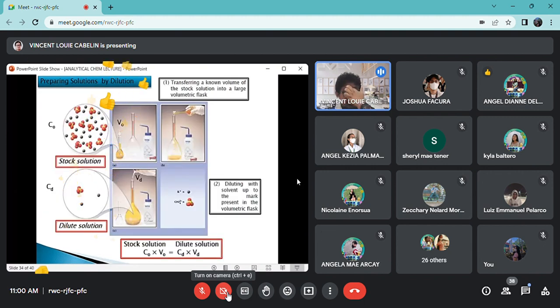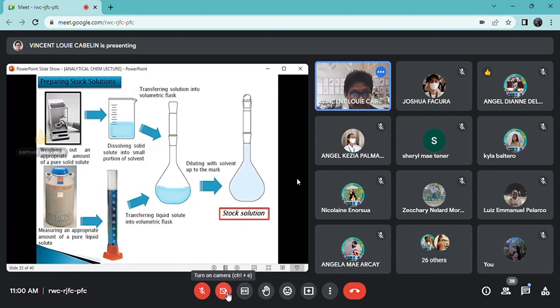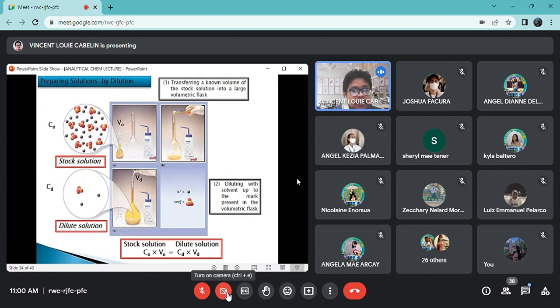Okay, so how do you prepare by dilution? So that was preparing the stock solution. This is when you prepare your solution based from dilution. You start with a known concentration of stock solution, and if you want a much more diluted concentration, then you do this. So this is your stock solution, for example.